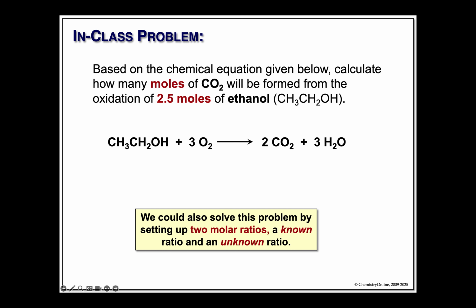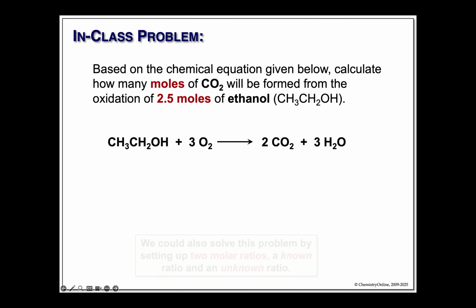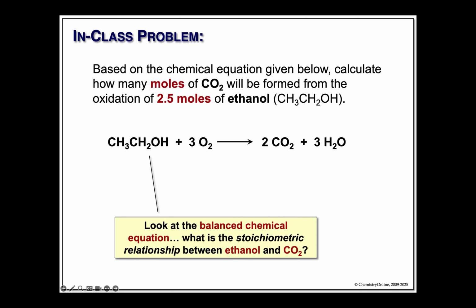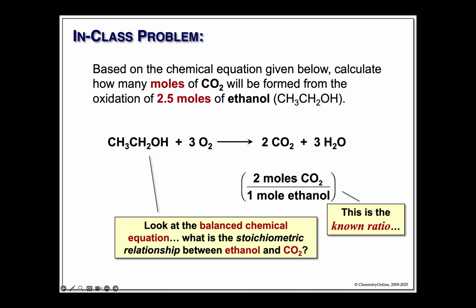The known ratio from the stoichiometry and an unknown ratio from the problem. For our known ratio, we look at the balanced equation. Ratio between ethanol and CO2. Ethanol is given, so it's going to be in our denominator. It's going to be simply that. That's our known ratio.